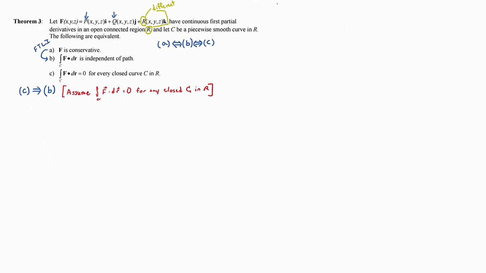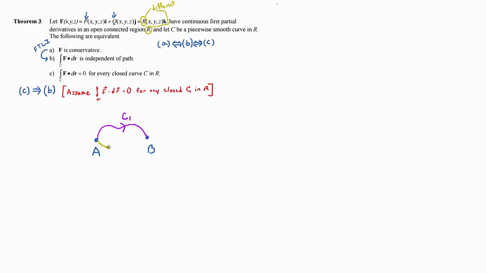Let's say we have a beginning point, call it capital A, an end point, call it capital B, and I'm just drawing a picture for you to get you going here. Let's say we have a curve, just a generic curve, C1, going from A to B, so the orientation looks like that, and we pick another random generic curve.